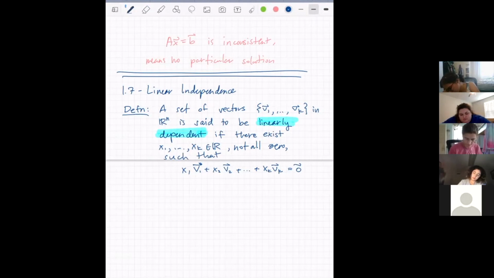Yeah, because we could always take them all to be 0. We want some non-trivial combination, right? Okay. And if this is the case, how we can interpret this is that we can write one of the vectors vi, so one of the vi's, as a linear combination of the others.